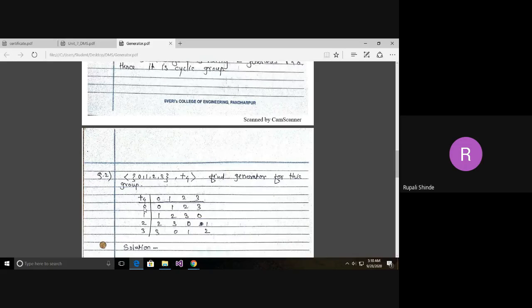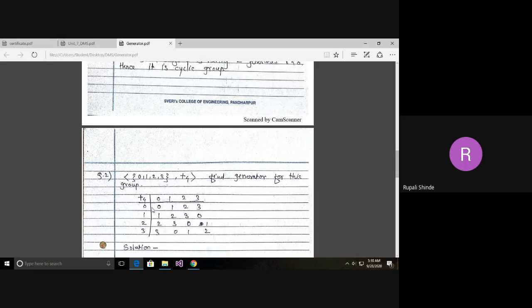If you consider these two elements 0, 0, then the value for this result is calculated as 0 plus 0 mod 4. Now if we take 0 plus 0, what do we get? 0. 0 mod 4 is again 0. Modulo division means we are going to check the remainder.